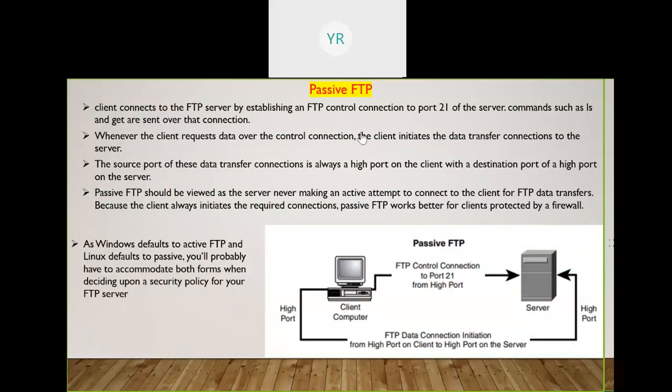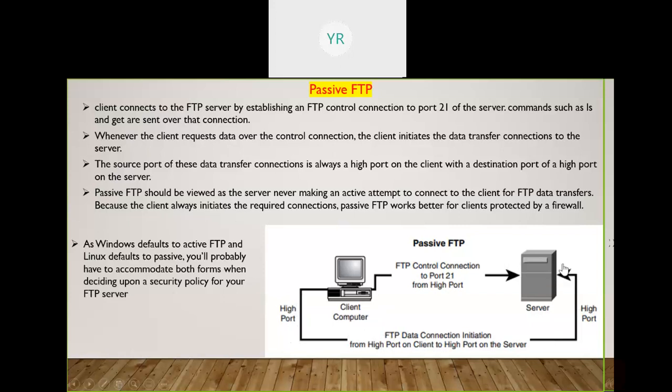The second way of doing this is passive FTP, and we normally do FTP in this mode only. Here again the client computer sends the commands from a high port. Again the command is received at port 21 of the server. If the authentication is clear, the client initiates the data transfer connection to the server from a high port, again to a high port of the server.